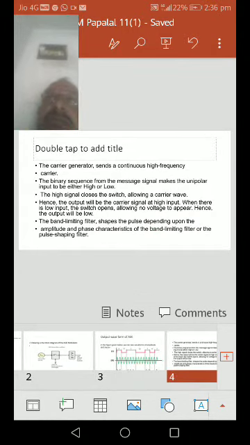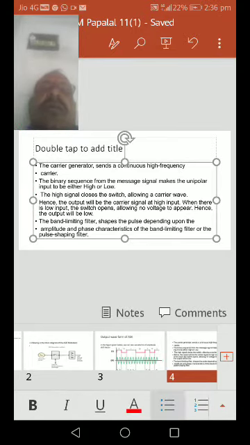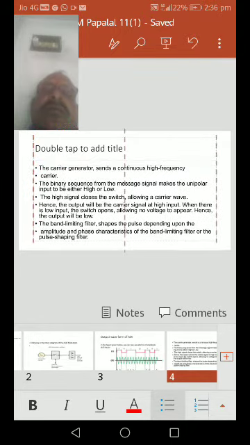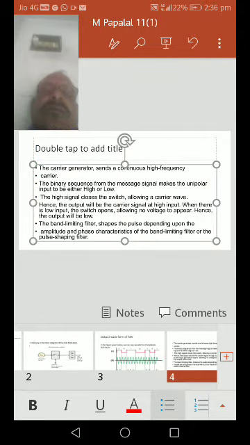The carrier generator produces a continuous high frequency carrier. The binary sequence from the message signal makes the unipolar input either high or low. A high signal closes the switch, allowing the carrier wave, hence the output will be the carrier signal.